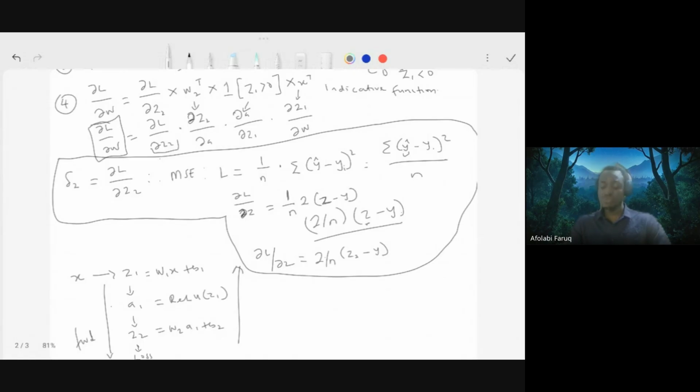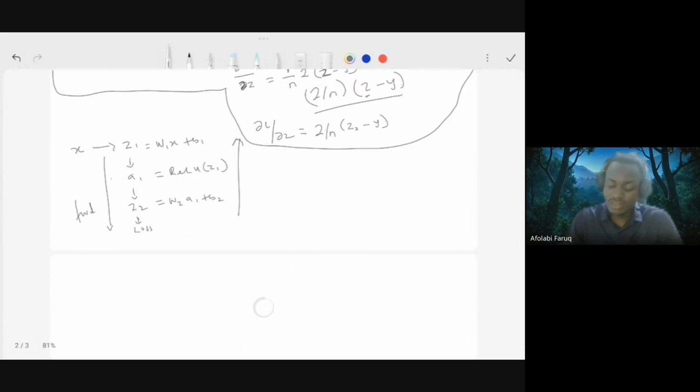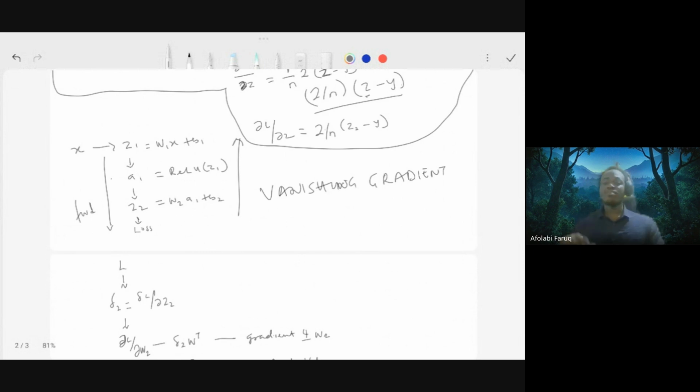I don't want that. It's going to lead to vanishing gradients. That's the reason why ReLU helps us to handle that. It helps us to filter the negative noise and then keeps up with the positive values.